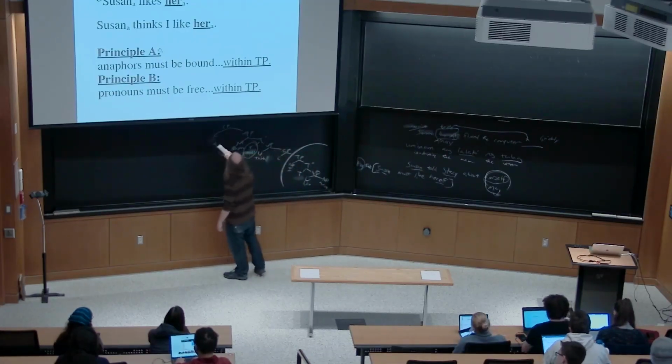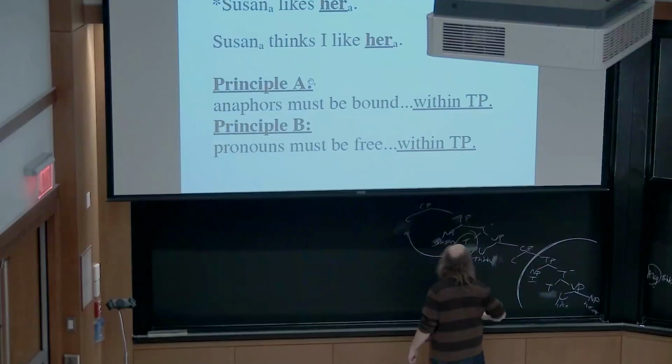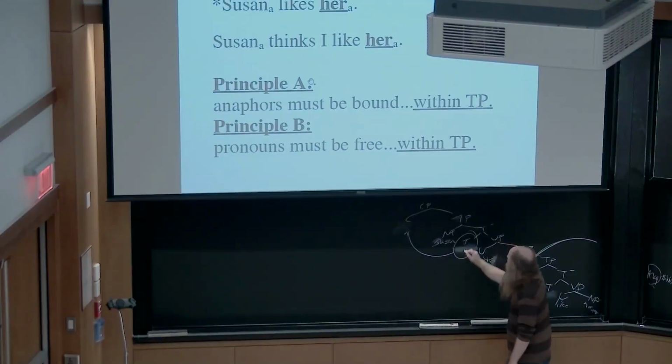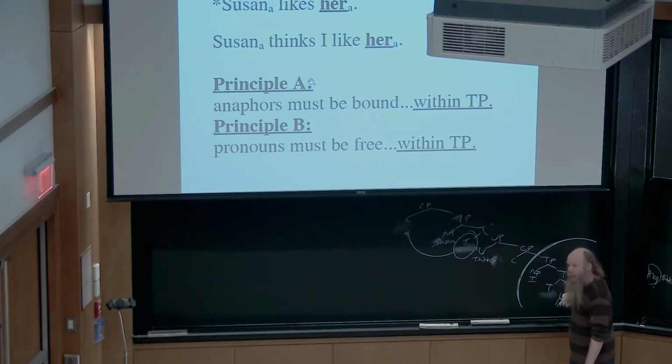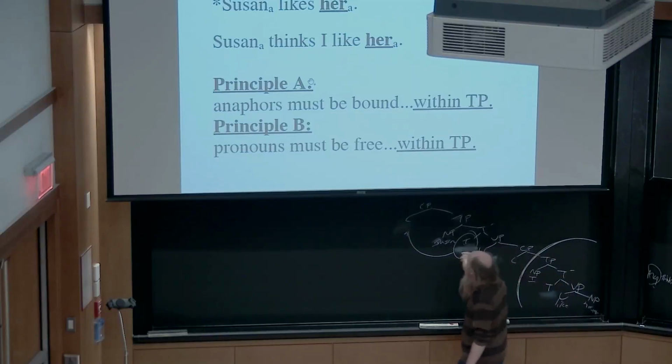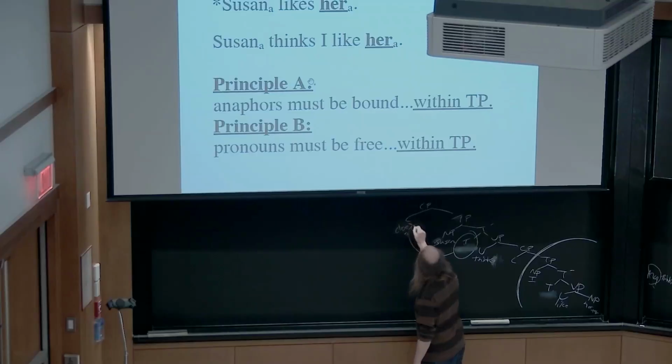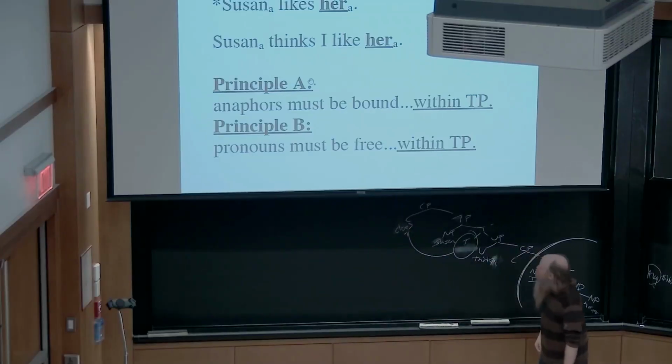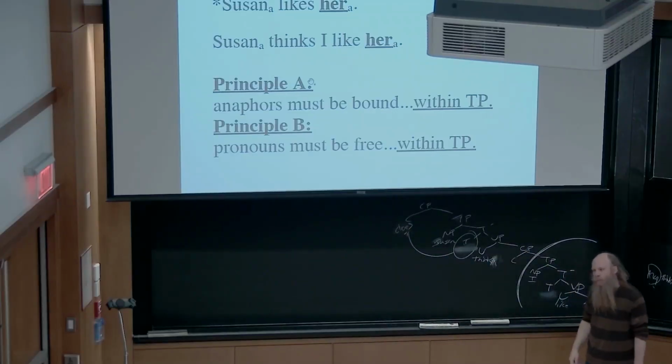And now let's switch to the version of this where there isn't an auxiliary. "Susan thinks that I like." If I want to make a question out of that, what I do is I put "does" here, and I get rid of the S here. So it's "does Susan think that, blah, blah, blah."